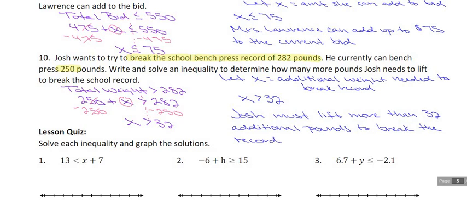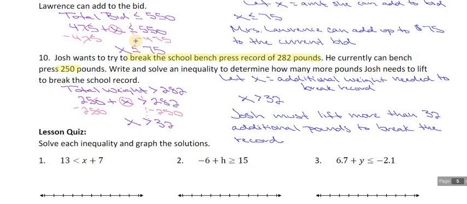So if we start to think about what that means, again, not knowing much about weightlifting, that would imply he needs to lift 33 pounds or more, because 32 pounds isn't going to do it, and I doubt that they're going to add a feather or add 0.1 pound or 0.0001 pounds in order to clearly break the record.